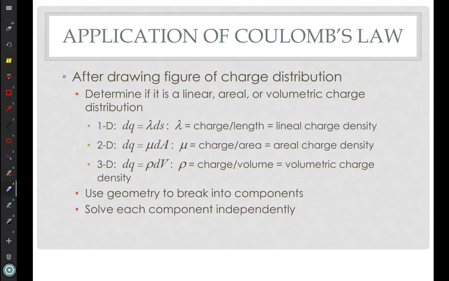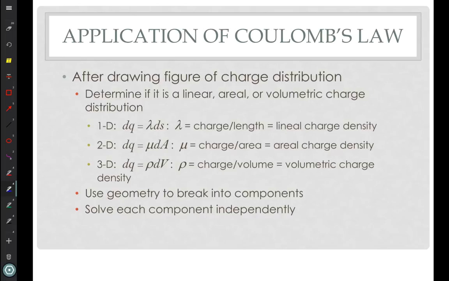So if you have a wire, wires are lines, and the wire has length L and charge Q, then what is lambda going to be? Charge over length, so it's just Q over L. If you have a cube of volume V and charge Q, which of those three situations are you dealing with?